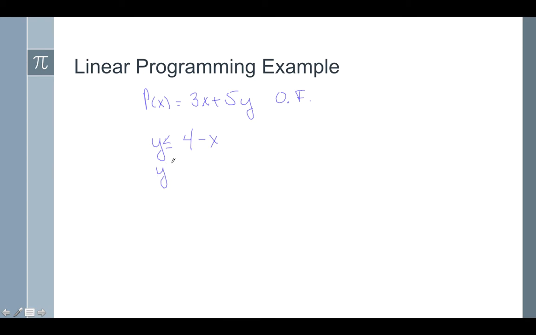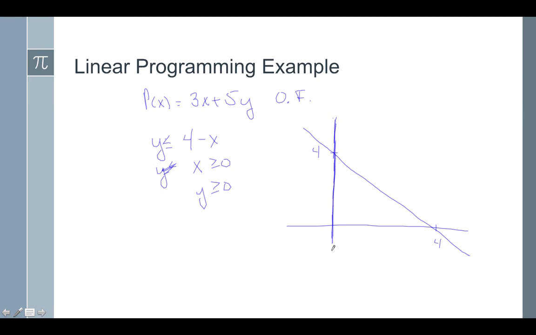If we were to look at something pretty simple here, let's say x is greater than or equal to 0, and y is greater than or equal to 0. If we were to graph this system, the 4 minus x is going to look like this. It's a solid line. The x is bigger than or equal to 0. That is the y-axis. And the y is greater than or equal to 0.